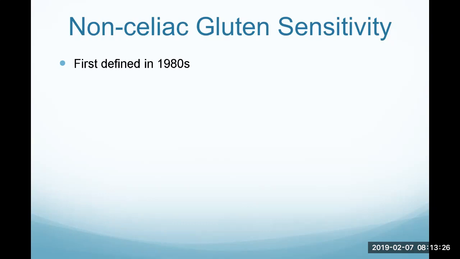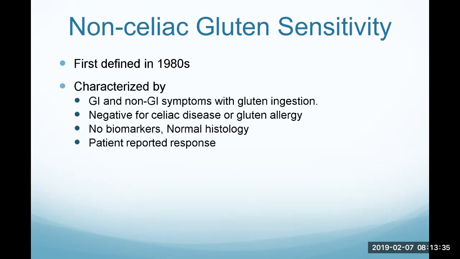So just a quick word about non-celiac gluten sensitivity. It was first identified in the 1980s. It is characterized by GI and non-GI symptoms with gluten ingestion, but they do not have the serological markers or the biopsies or gluten allergy. And the only thing that we can pinpoint on is that patients report response.